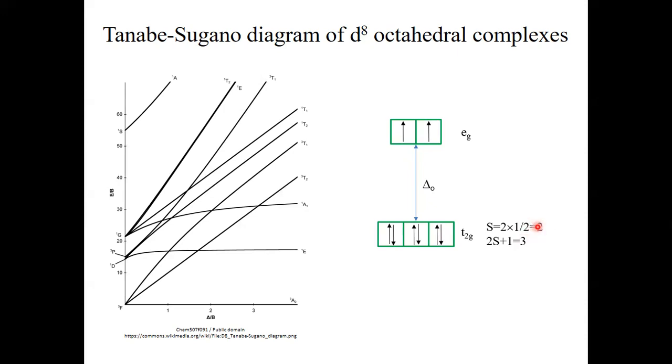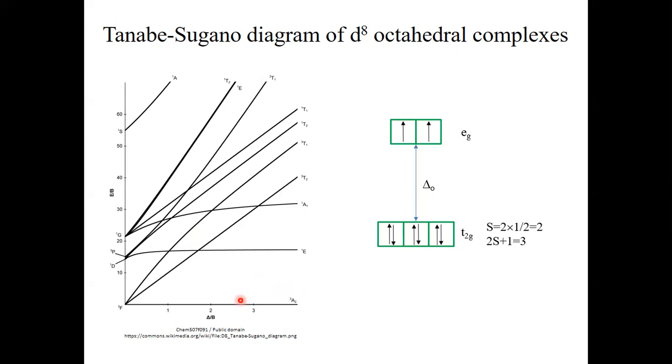So again, I apologize that this is wrong. So 2 times a half, that is 1. And then 2 times 1, well, that is 2. Plus 1 gives 3. So that explains why this is a triplet term.